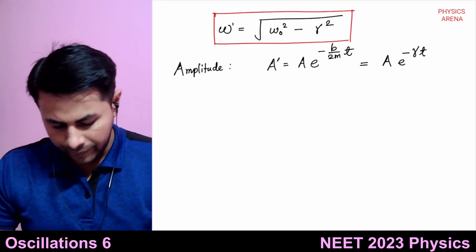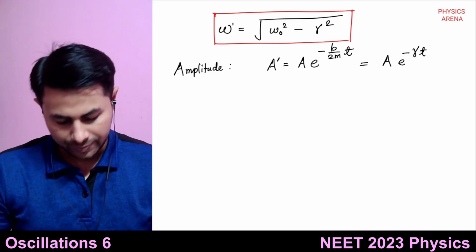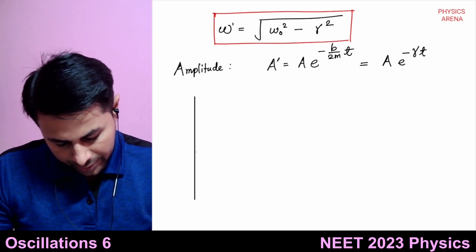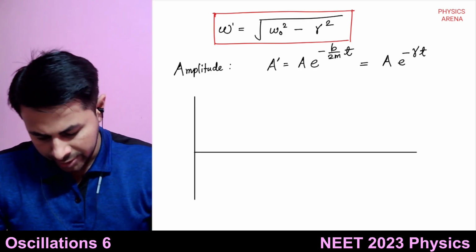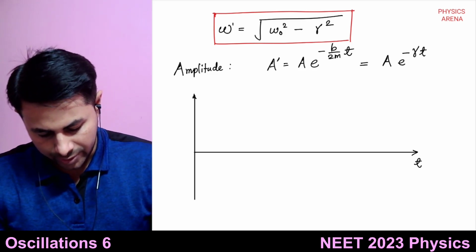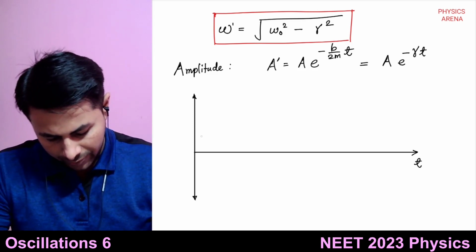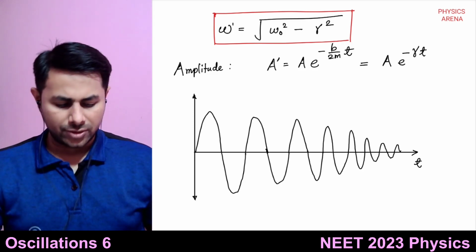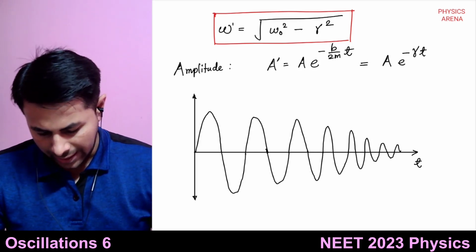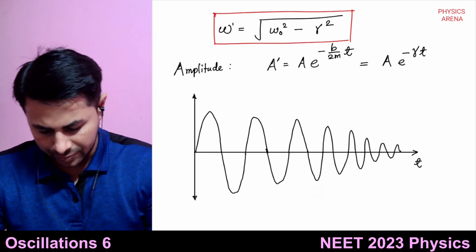So how will the graph of displacement with respect to time look for this damped harmonic oscillator? The graph will look like so on and so forth. You can see the amplitude of these oscillations is decreasing.